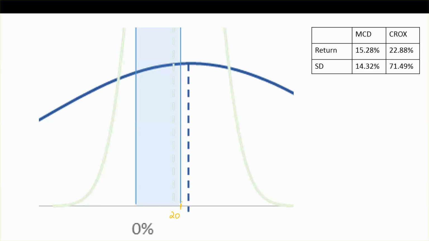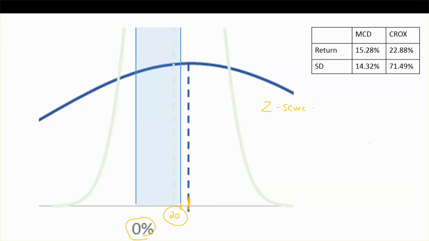Now, for Crocs, both 0 and 20% fall to the left of Crocs's mean of 22.88. That's important to know. But I need to find the z-score. To do that, I need to take the desired number, and there are two desired numbers for this problem: there's 20, and there's 0.